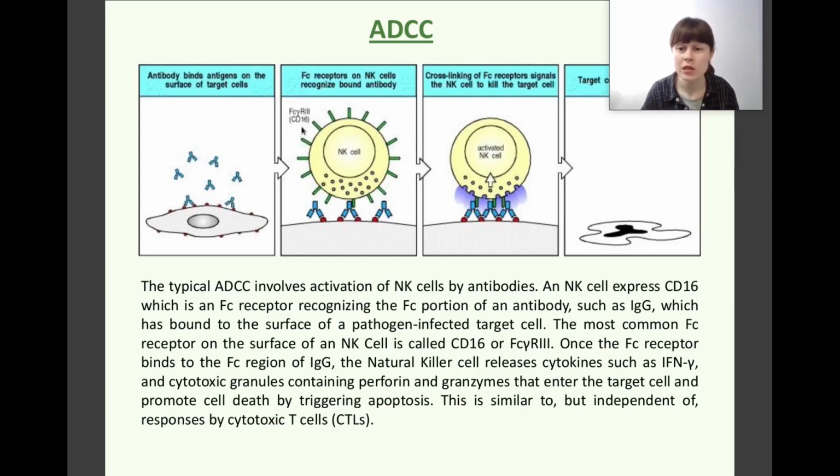This is similar to cytotoxic cells, like we discussed about NK cells in the non-specific immune response. But this is an inadequate reaction of NK cells in an inappropriate way, okay?